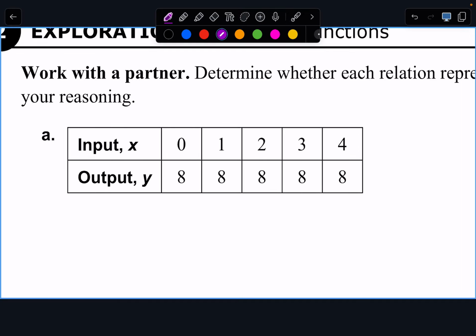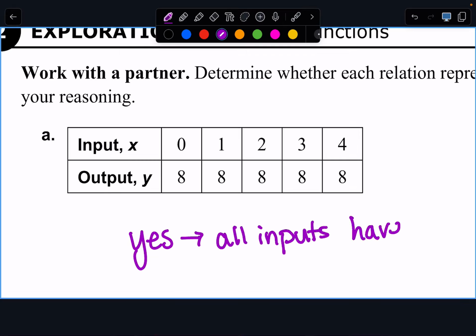Which X has more than one Y? Oh, so is it a function? Yes. Okay. All my inputs, that's the X, have one output.